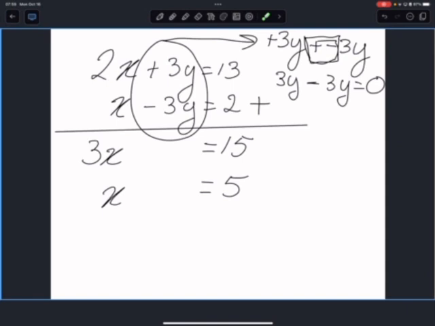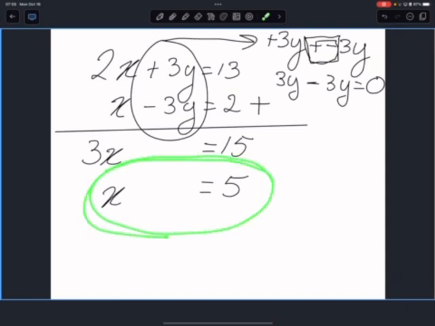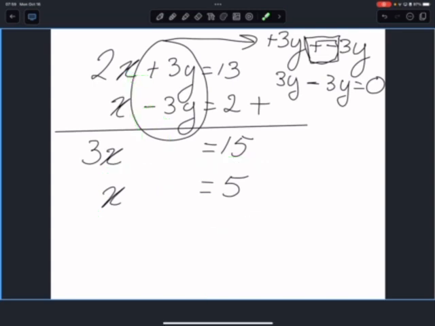So you have to take your answer and place it back in one of the two functions. It doesn't matter which. The answer is always the same.